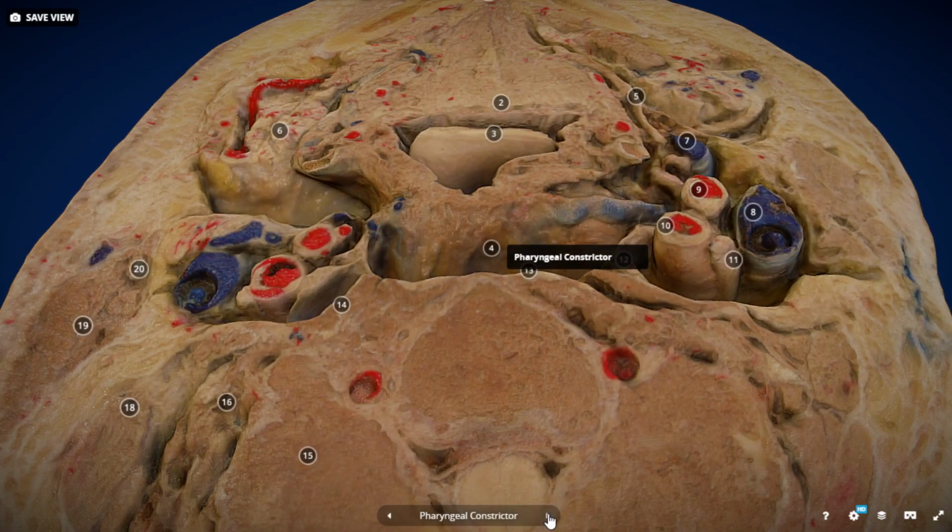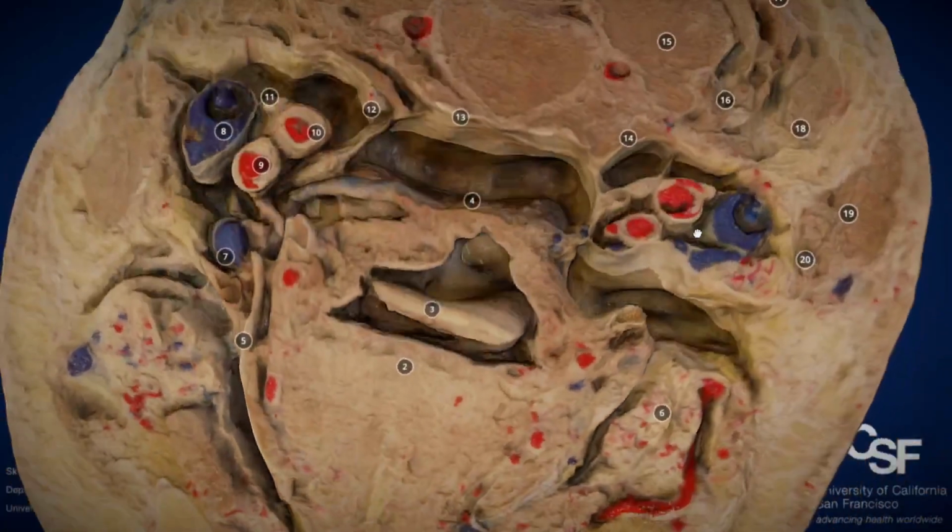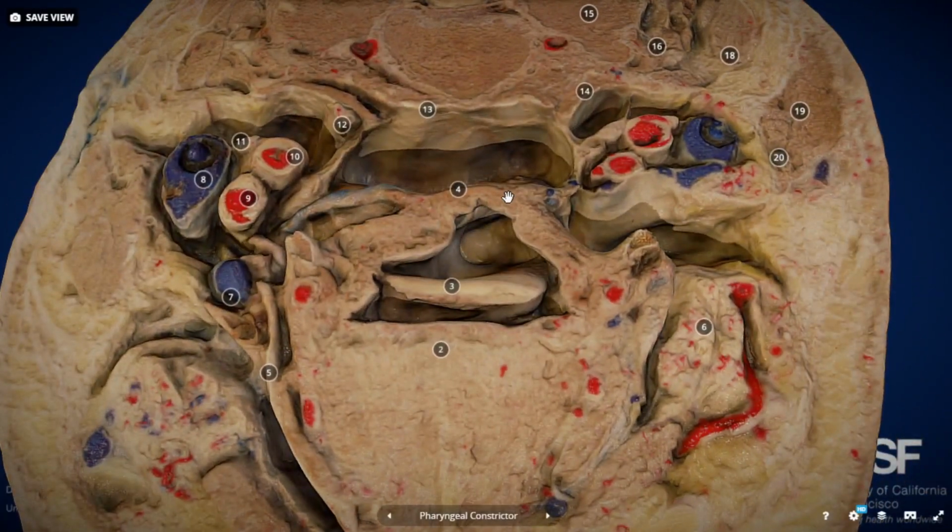It's important to comment that the upper portion of the pharyngeal constrictor is attached to the pharyngeal tubercle of the basilar portion of the occipital bone.